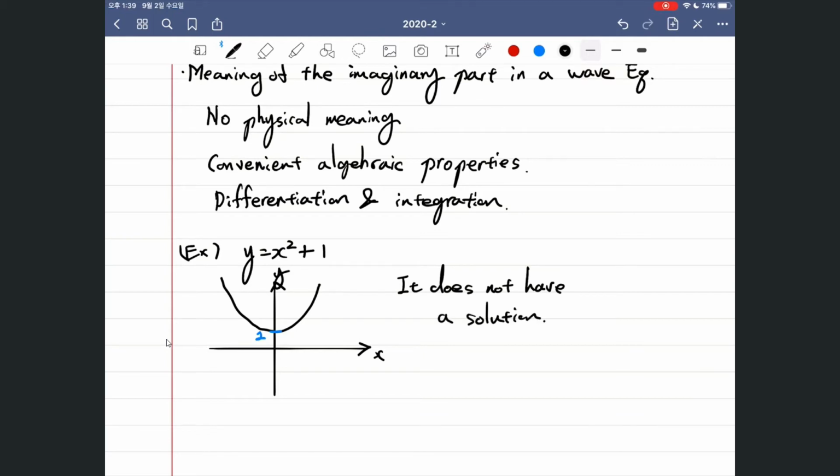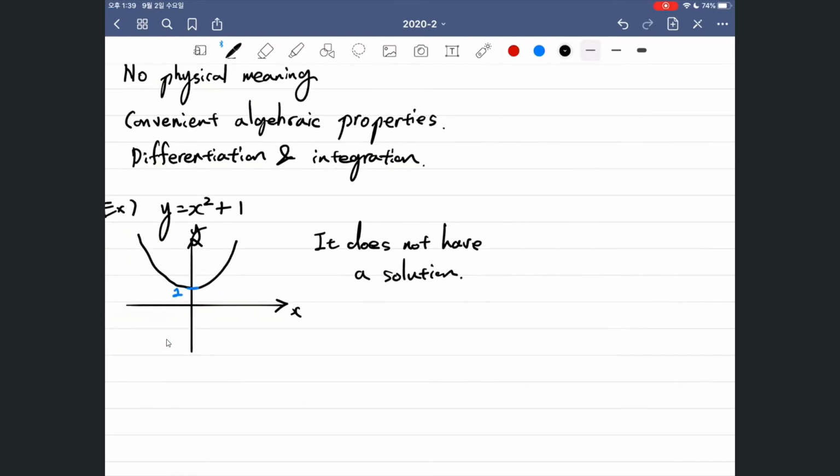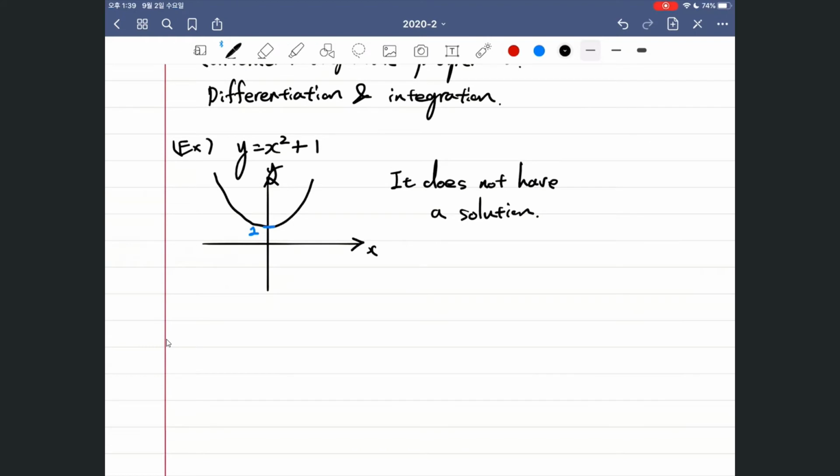However, with the imaginary axis on the other dimension, then we can get a solution. So if we set x squared plus 1 equal to 0, then the solution is plus or minus the square root of minus 1, which is plus or minus j. We can get this only if we consider the imaginary part.